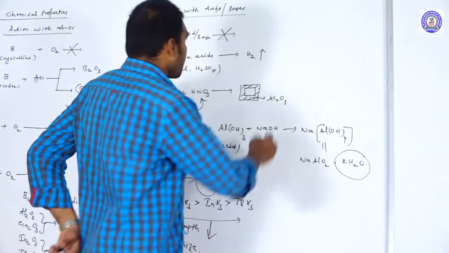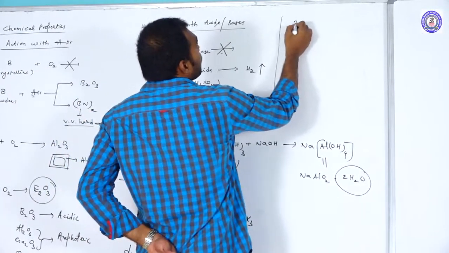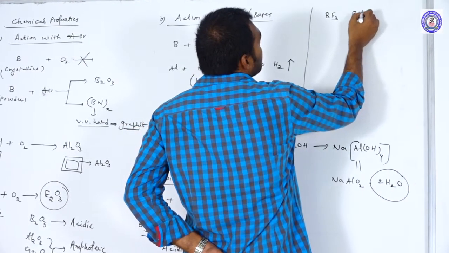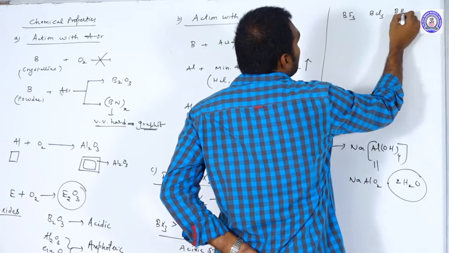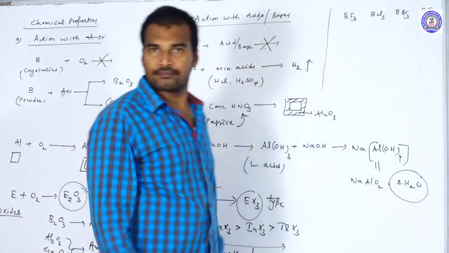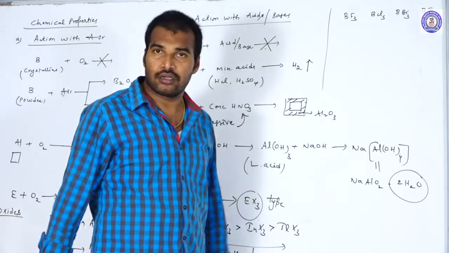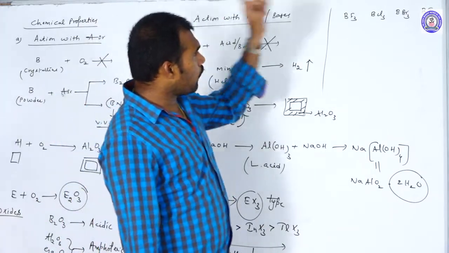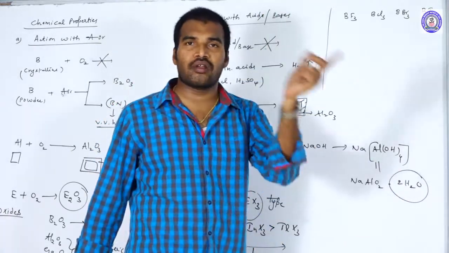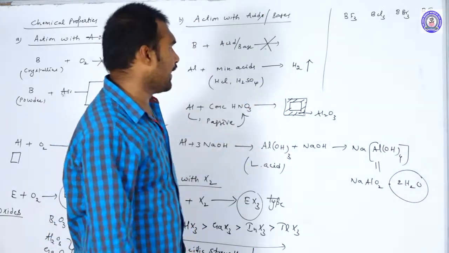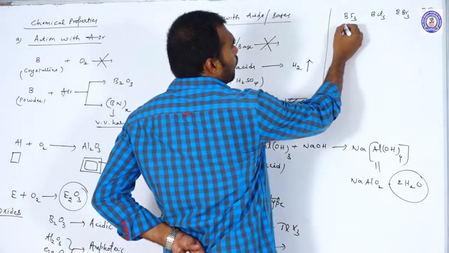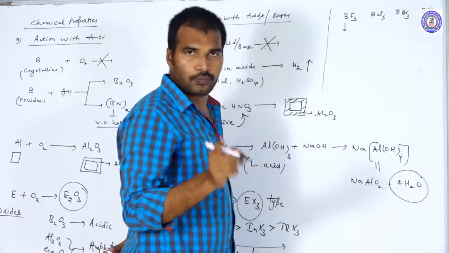And sometimes when we compare BF3, BCl3, BBr3, BI3, this is also one of the most important questions. When we go from boron fluoride to boron iodide, what will happen to the acidic strength? Boron belongs to which group?